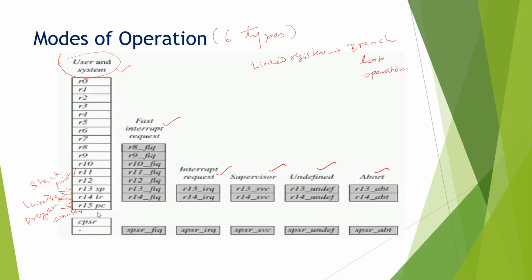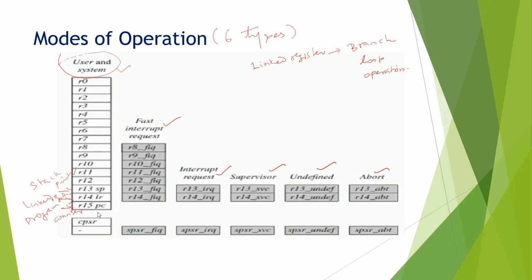Now the processor has to give priority to the interrupt. What will it do? It will branch, come out of the loop, and execute the interrupt operation, and then it has to go back to the main function to continue its normal operation.